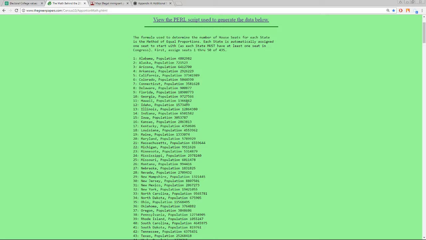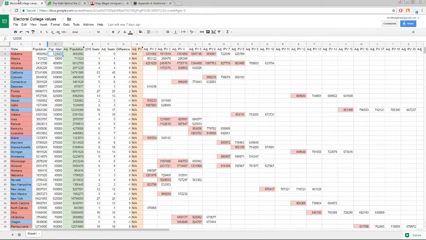Every 10 years there's a new census, and they use the 2010 one until 2020, and then they create a 2020 census for all of the elections up to 2030, so each census lasts a decade.